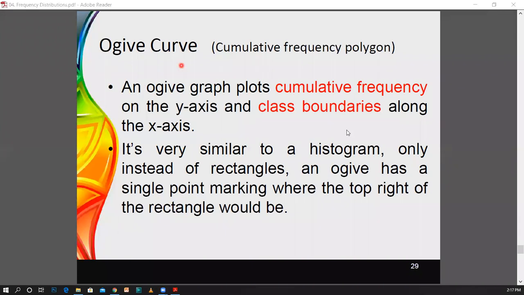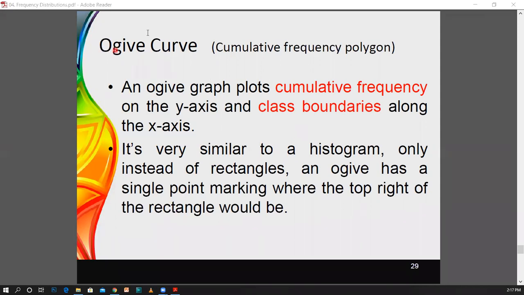Therefore, you can use the cumulative frequency, and we can say this is the cumulative frequency polygon, which is meant to be the ogive curve. So far in the histogram and the frequency polygon, we just dealt with the frequency values.